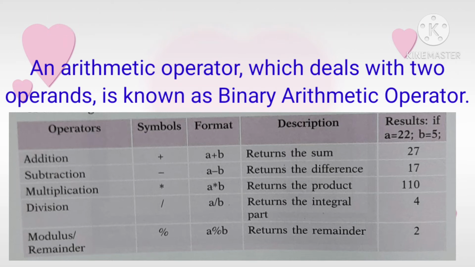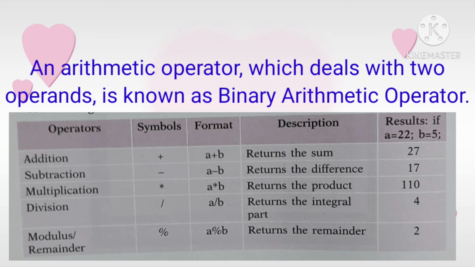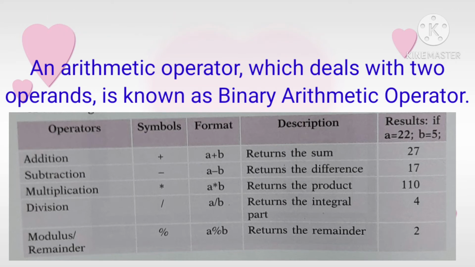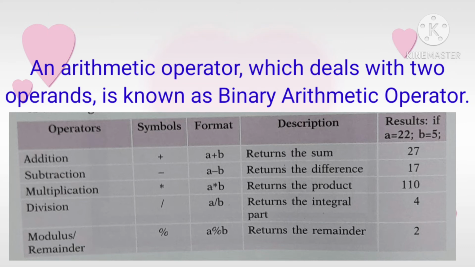Subtraction a minus b, the result is 17. Multiplication a asterisk b, then the value of a into b is 110. Division, when a is divided by b, the value is 4. Modulus or the remainder, a modulus b, the result is 2.